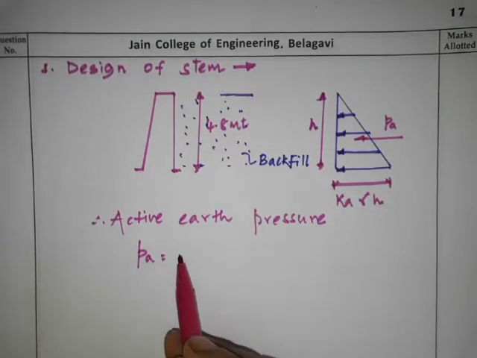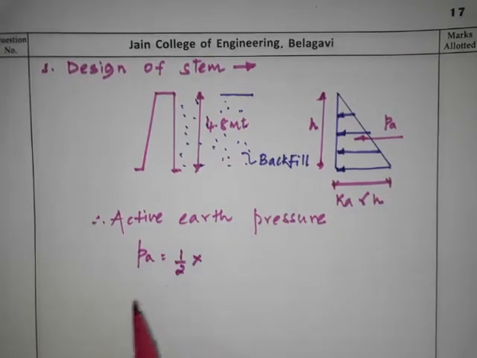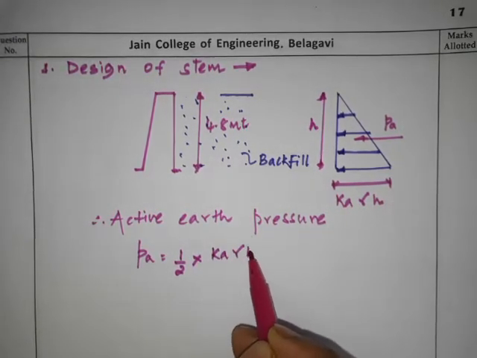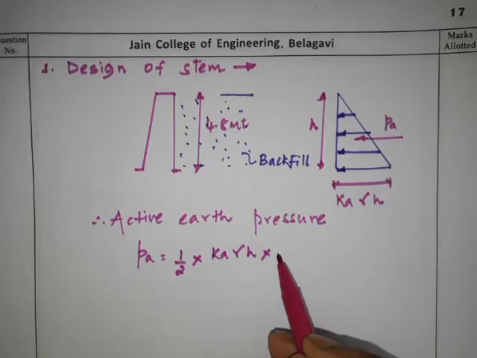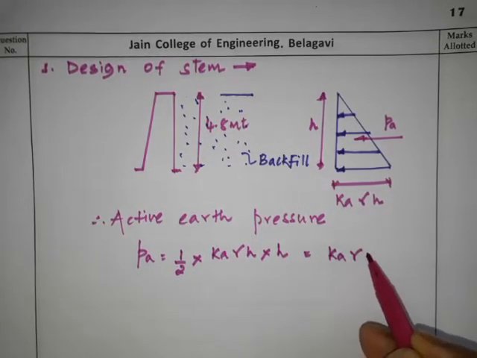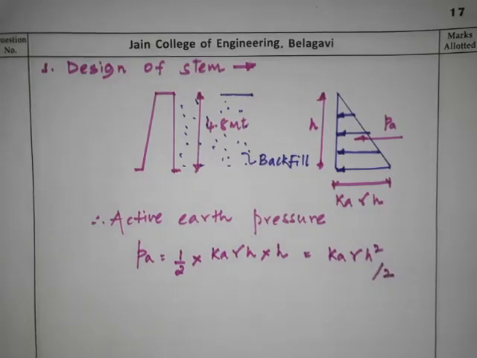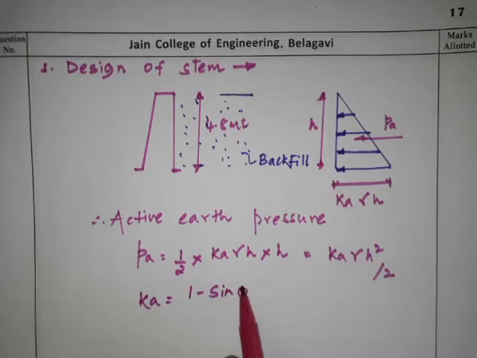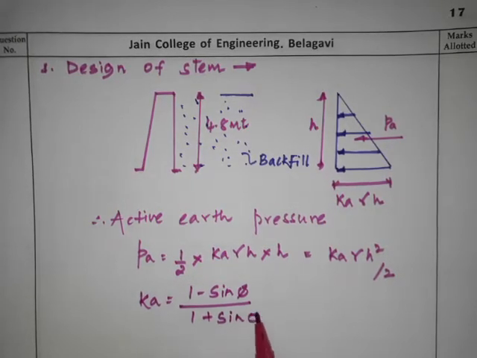So it is half into base K gamma H into height H. We will get this as K into gamma into H square by 2, whereas K is equal to (1 minus sin phi) upon (1 plus sin phi).